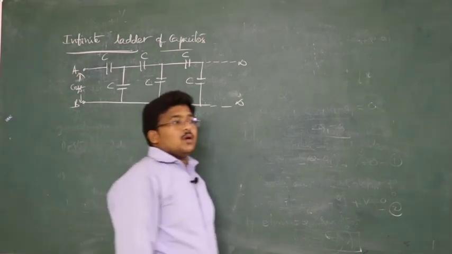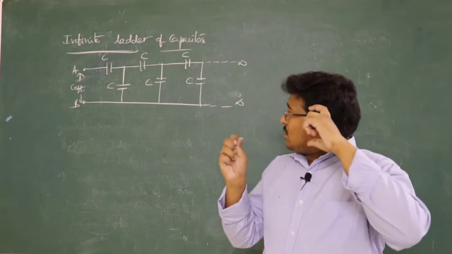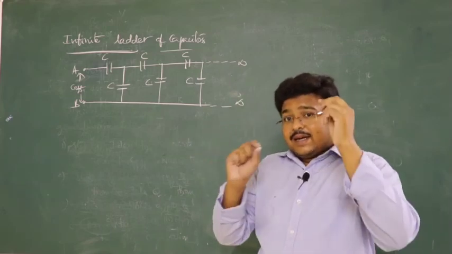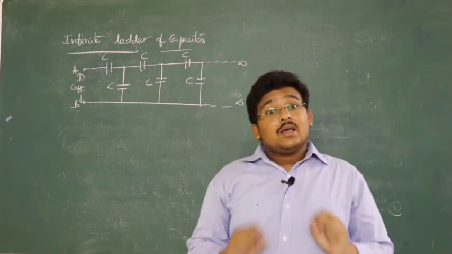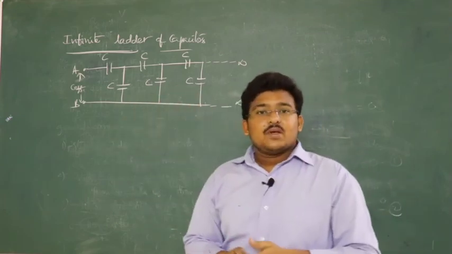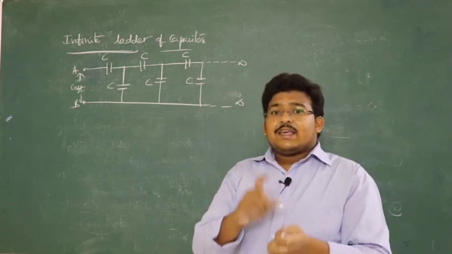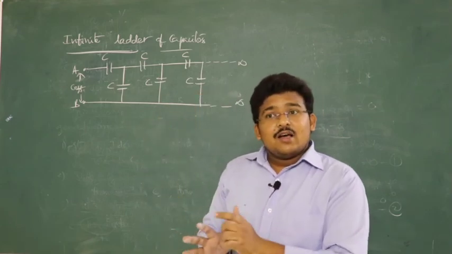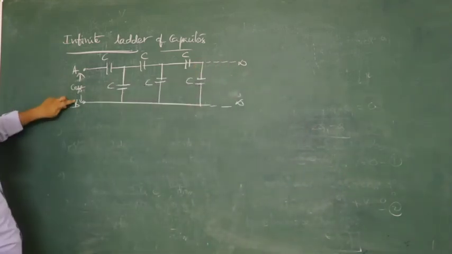To do this type of problem, look at the circuit and take some points A and B again, in such a way that you get the same problem again. AB is already given. Now keep these two points A and B somewhere in the circuit such that from there you again get the same problem.